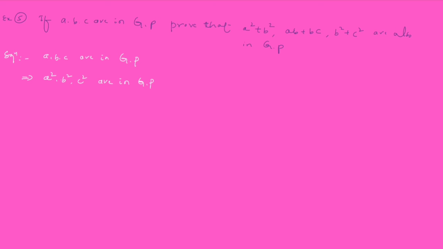So now, which implies b square equals ac. B square, which is equals to ac, right?